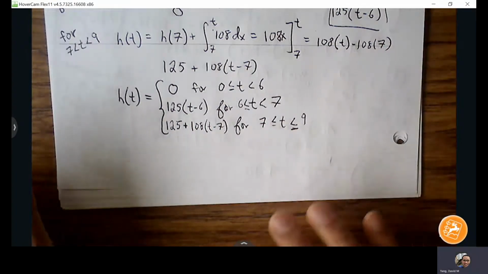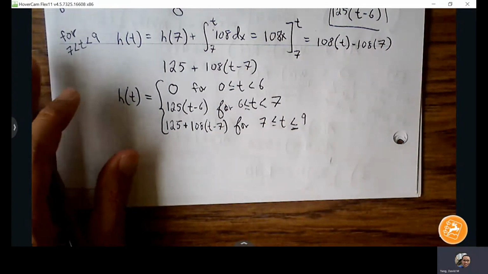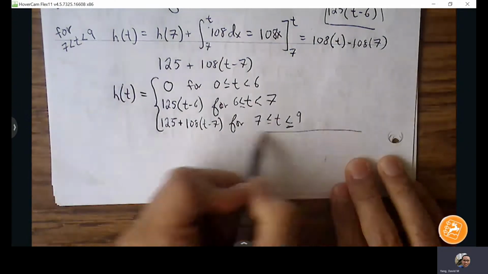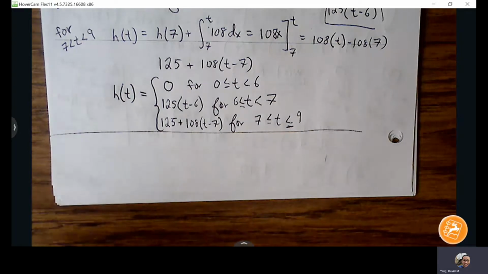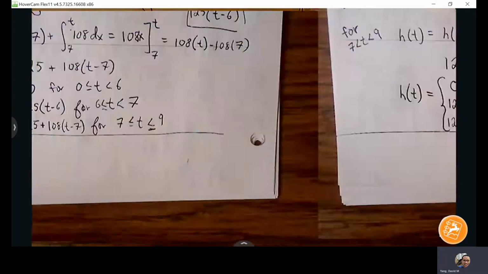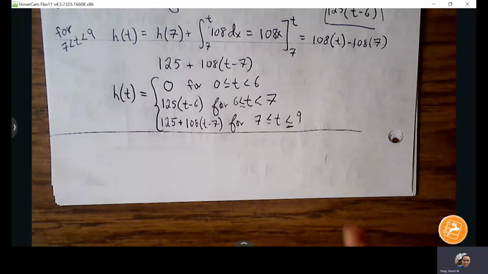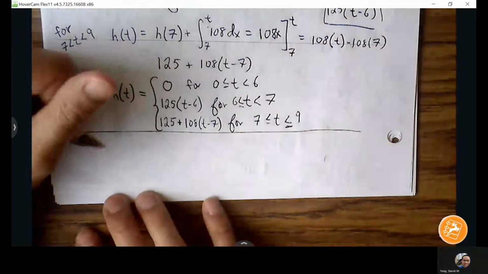Now part D: how many cubic feet of snow are on the driveway at 9 a.m.? We're going to go back to the formula that we've been using from the previous problem: total amount equals initial plus amount added minus amount removed.